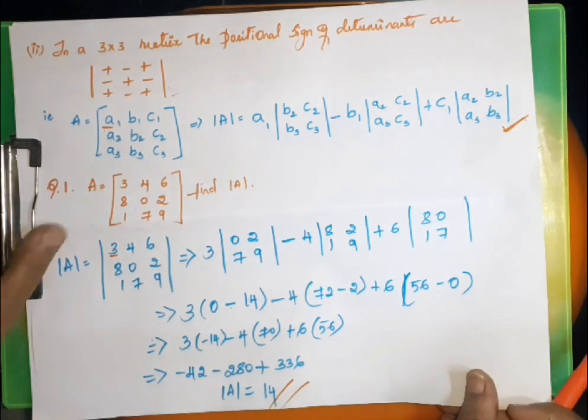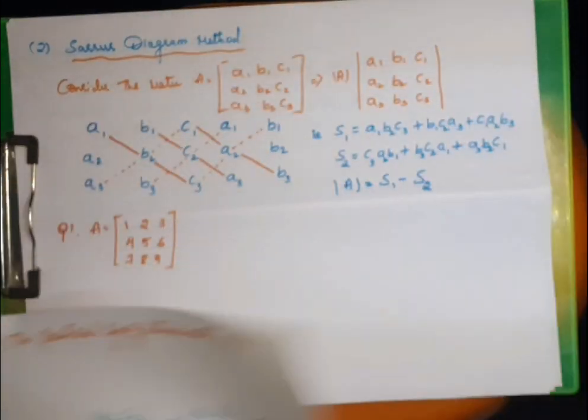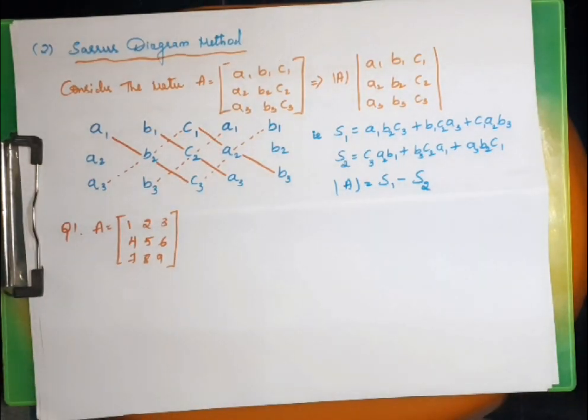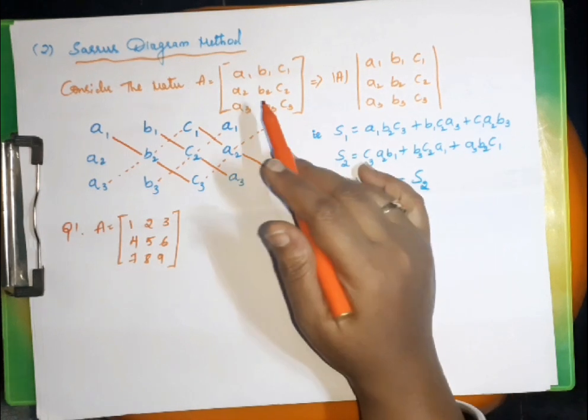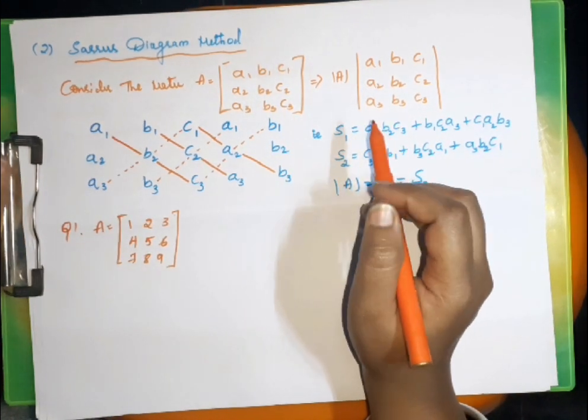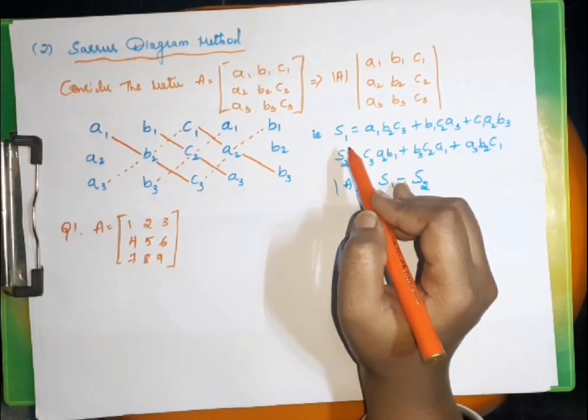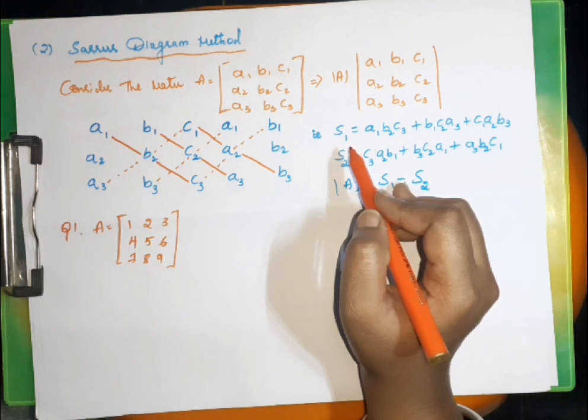We have a second method, that is Sarrus diagram method. So here it also has a rule like how we used to do under the minor expansion method, but not exactly similar, it is different. I have already written the method of finding the determinant under the Sarrus diagram method.